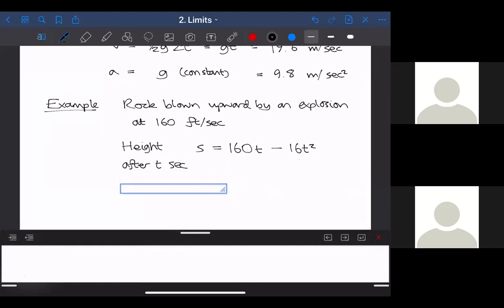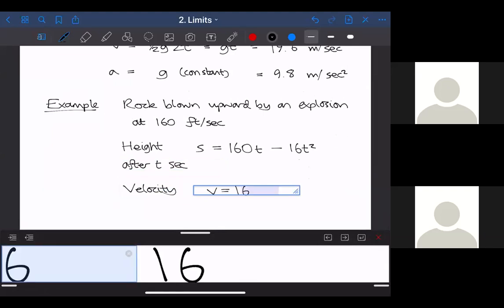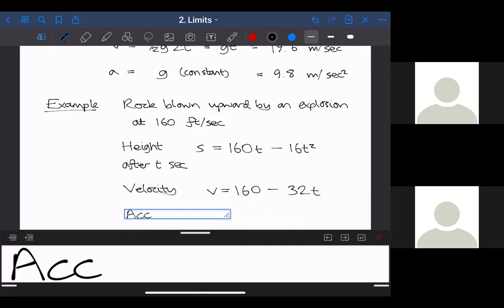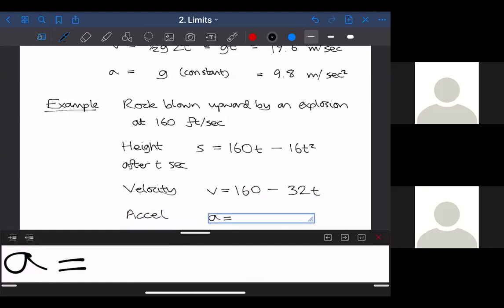So let's calculate the velocity v. Well, the derivative of t with respect to time is 1. The derivative of t squared is 2t. So here I get 160 minus 32t. And the acceleration is minus 32.